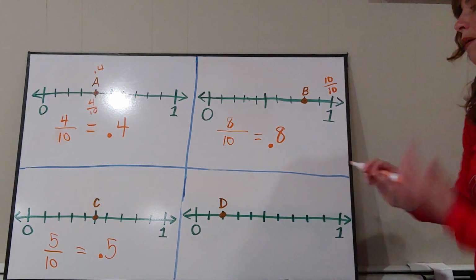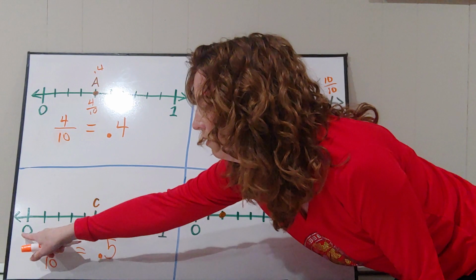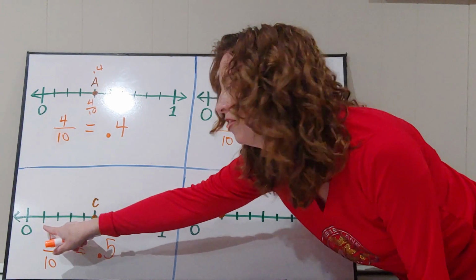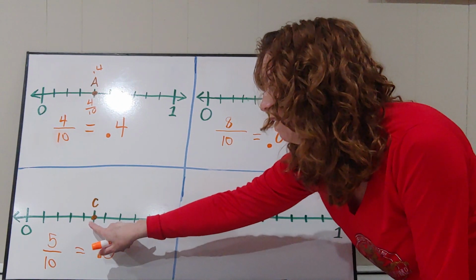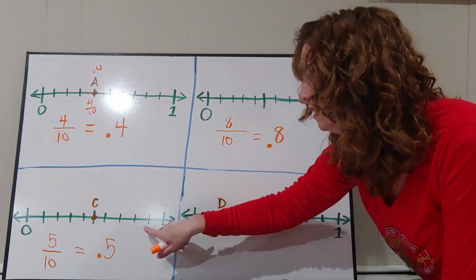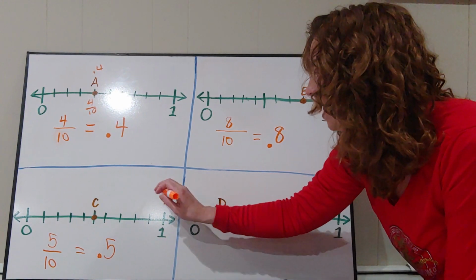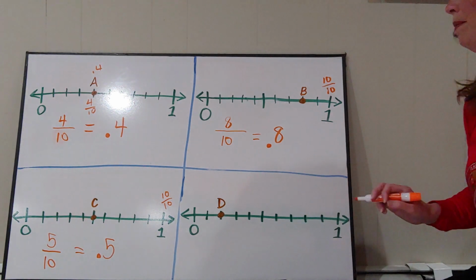All right, and we're going to do our last example. Let's count here. So if this was 0, this would be 1/10, 2/10, 3/10, 4/10, 5/10, 6/10, 7/10, 8/10, 9/10, 10/10, or 1 equals 1.